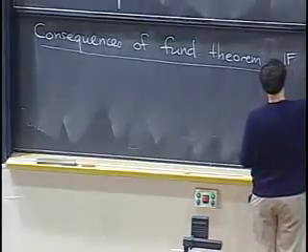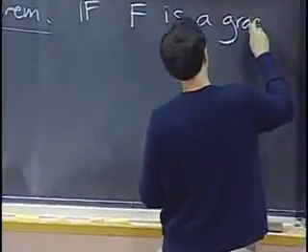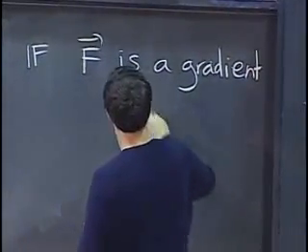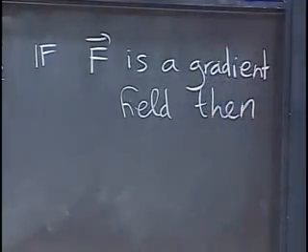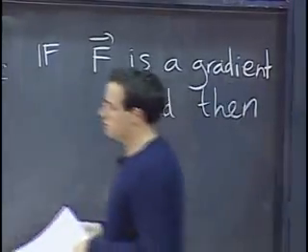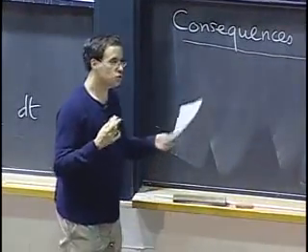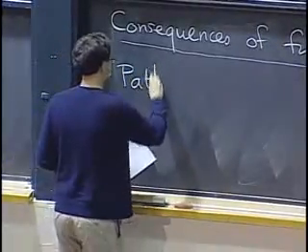Just to put one more time this disclaimer: if f is a gradient field, then what do we have? Well, there are various nice features of work done by gradient fields that are not true for other vector fields. One of them is this property of path independence.